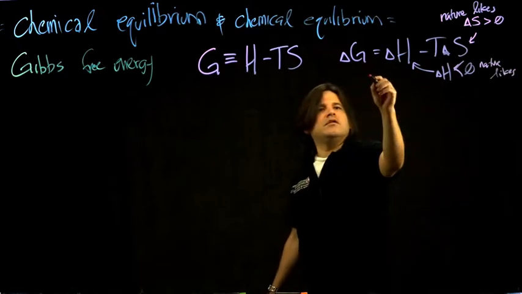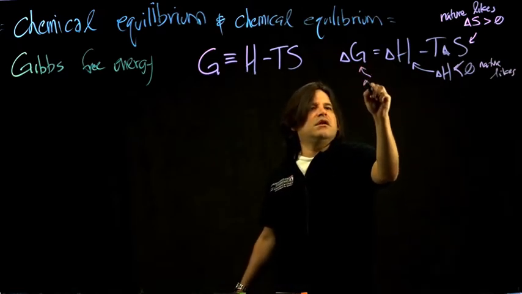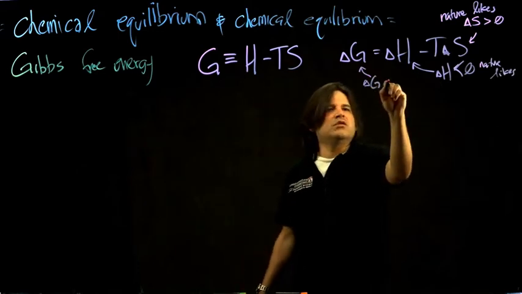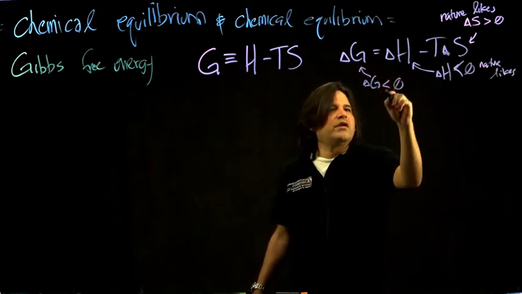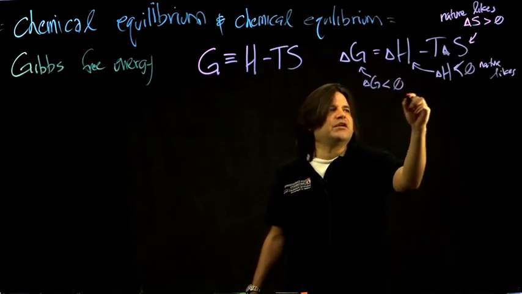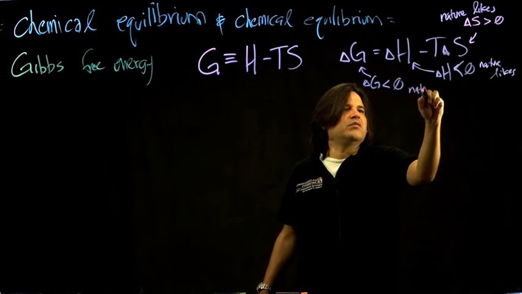And similar for delta G. If you were to look at a process and say, what does nature want to do? Nature would rather have the products be negative. The products have less Gibbs free energy than the starting point.